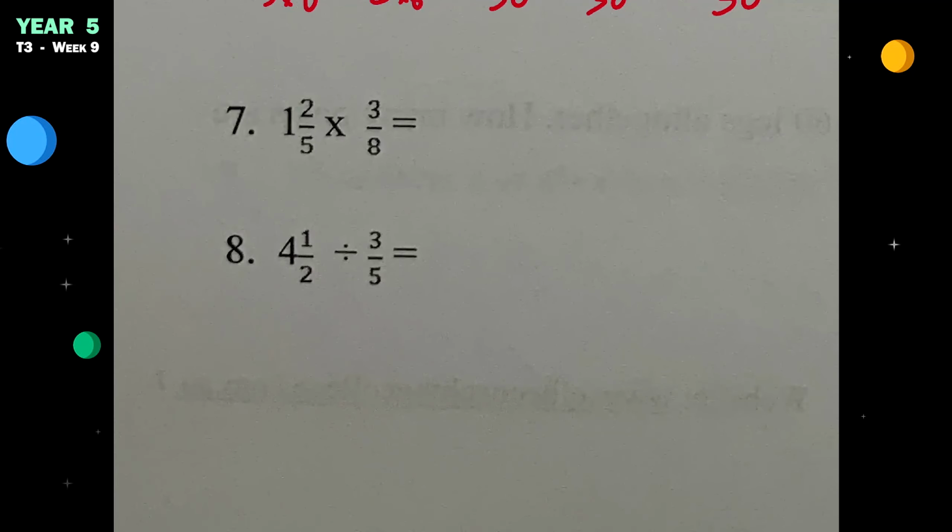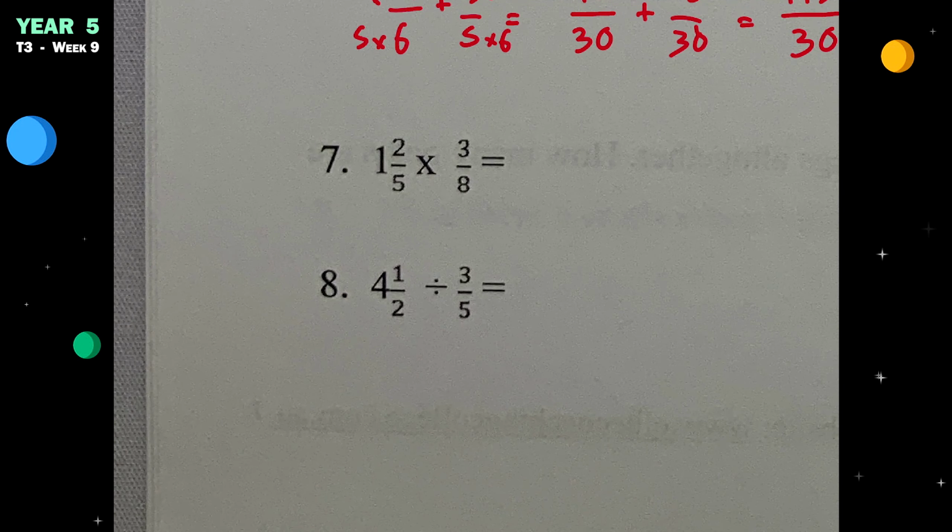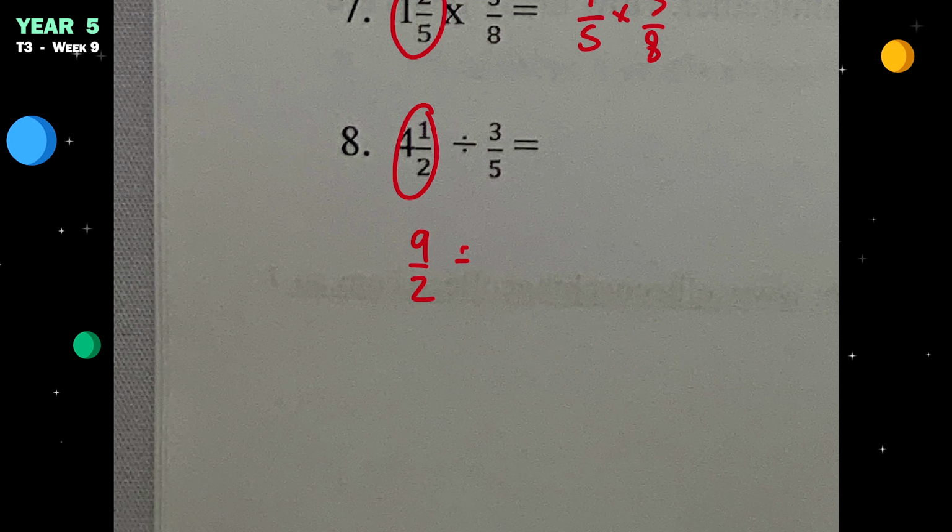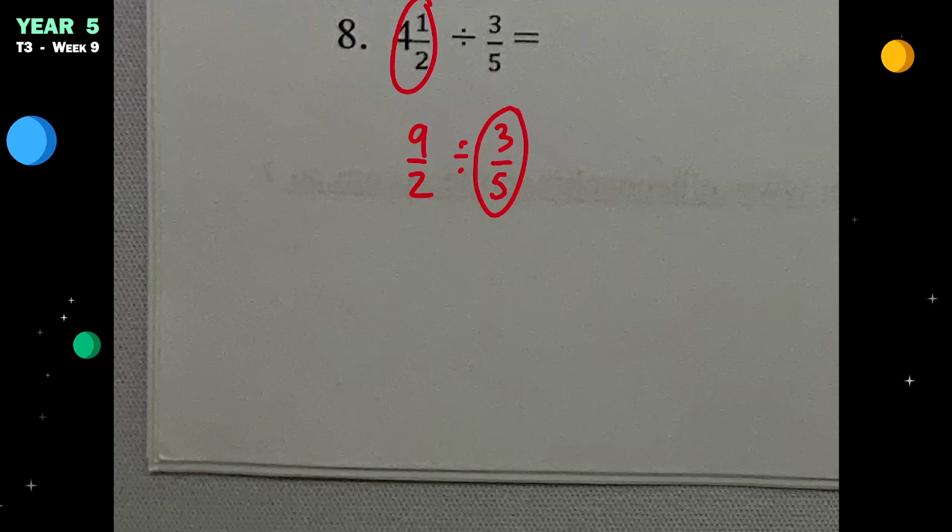Okay, moving on. Next one is, again, we have to change it to an improper fraction. So we're going to have 7 on 5 times it by 3 on 8. You can work it out. Next one, improper fraction, 9 on 2 divided by 3 on 5. When we divide, we make sure that this one is flipped upside down.